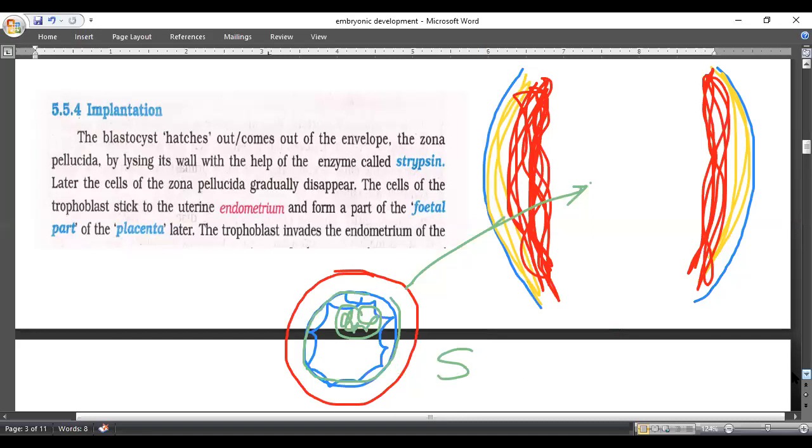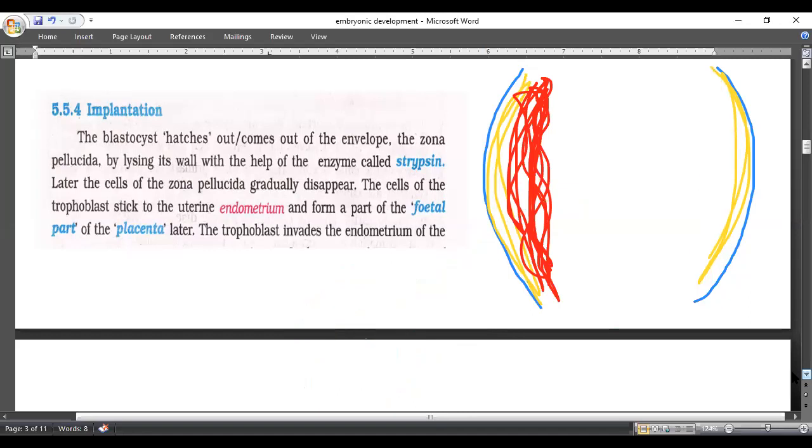The cells of the trophoblast stick to the uterine endometrium. Now, who is exposed? The zona pellucida is gone, so the trophoblast is exposed now. So this trophoblast is moving on.